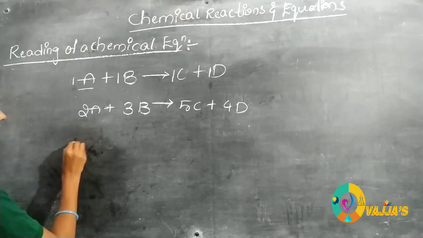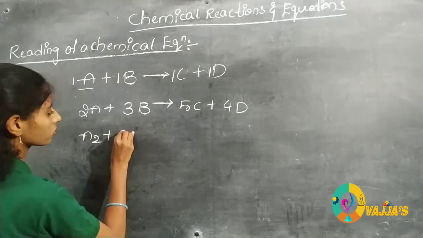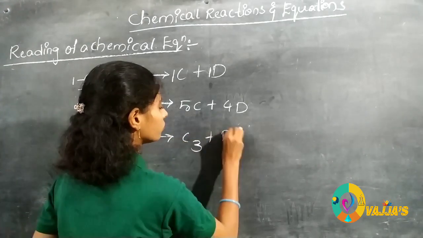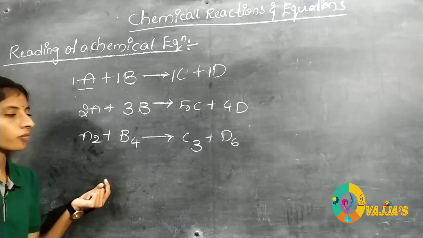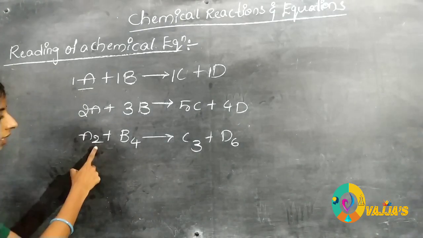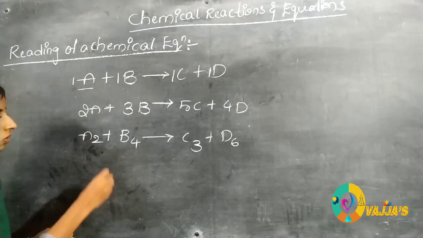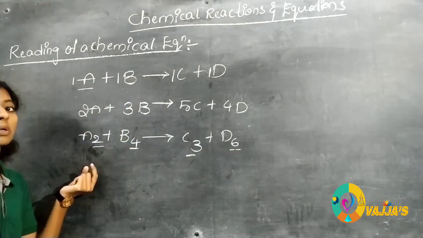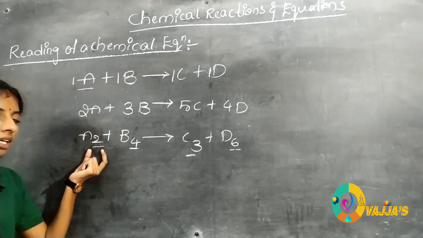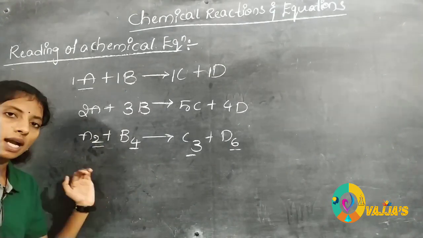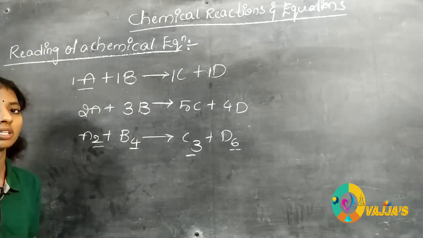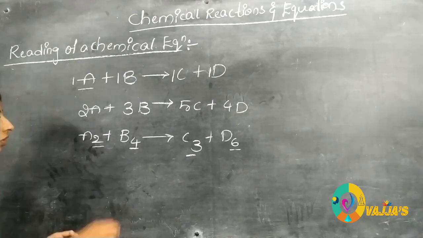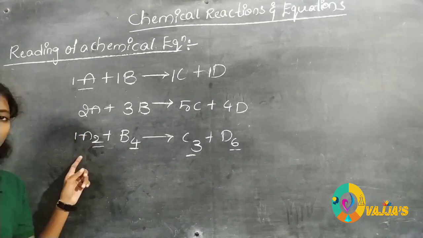So for example, if we have like this, now in this chemical equation I have taken numbers at the downward side. These numbers indicate subscripts. That is nothing but the number of atoms present in the chemical equation. So how many molecules of A do we have here? We know if there is no number, that indicates 1.